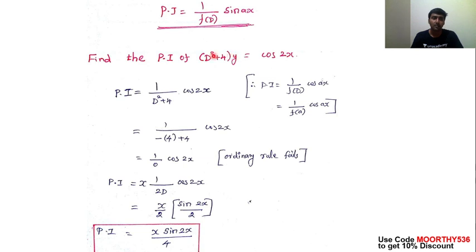We know that the particular integral is the solution to the RHS side. So 1 divided by f of D into cos 2x. We have to replace D square in the denominator by minus of a square, where a is the coefficient of x.